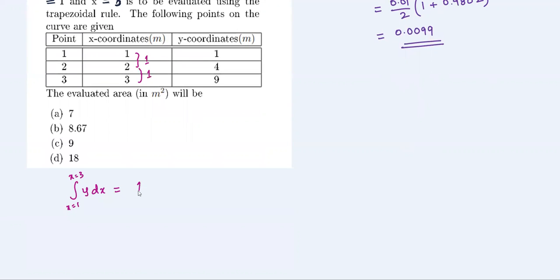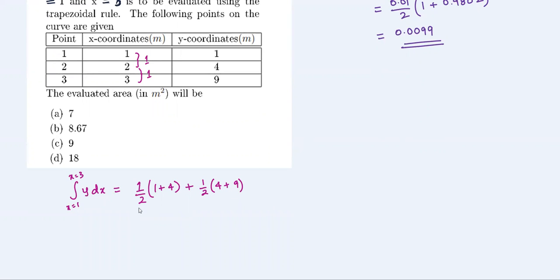So h by 2 into 1 plus 4, plus h by 2 into 4 plus 9.